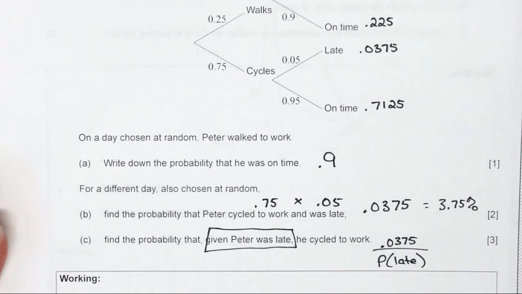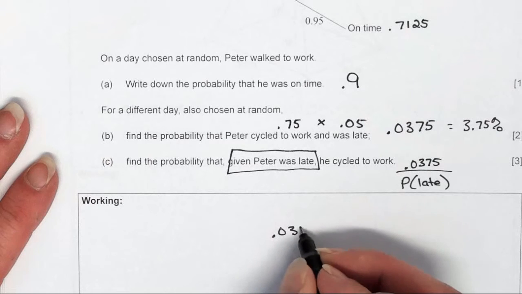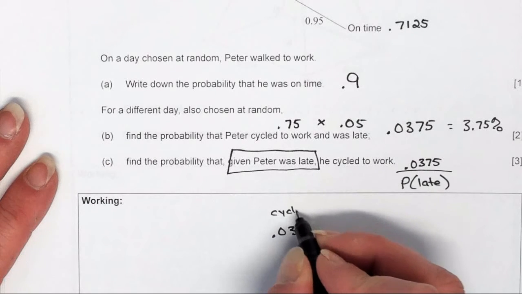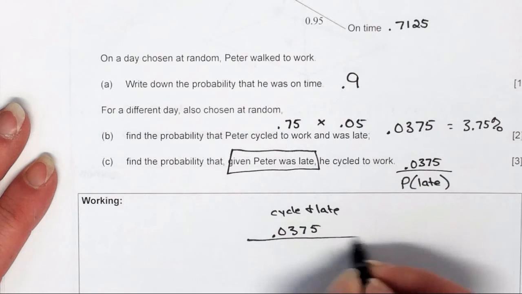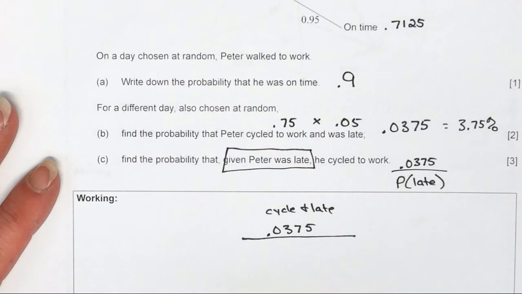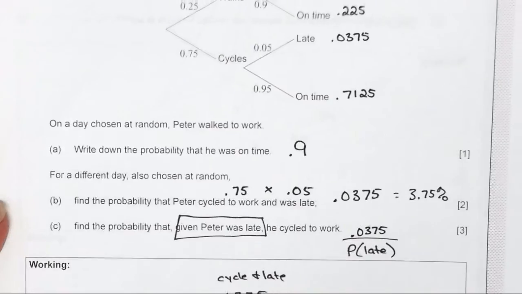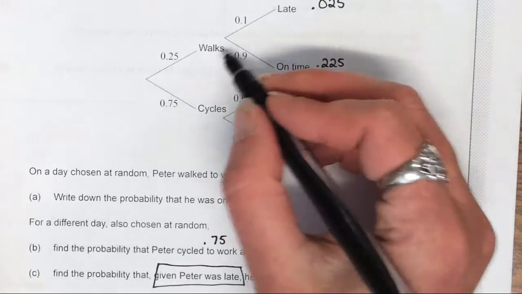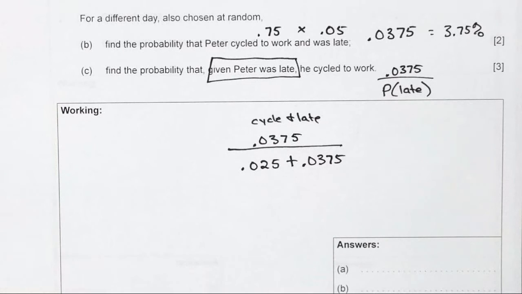So this one does get a little confusing. This is the probability that it's cycle and late, and we need to divide by the ways he could be late. What's one option for being late? Walking and late, 0.025. The other option was the one we already have, 0.0375. And we would add those together.